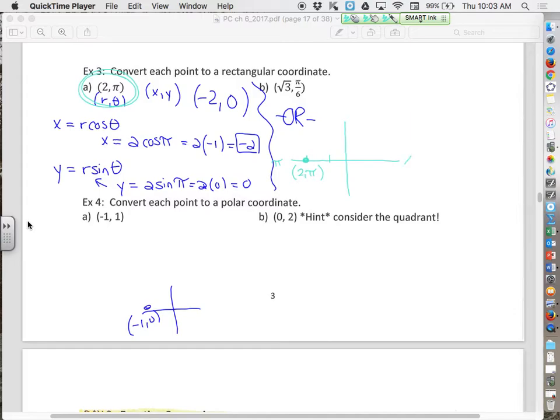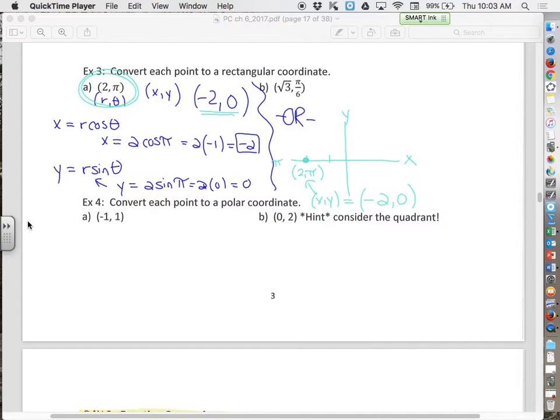Well, if I think of this as my x-axis and my y-axis, the coordinates for this point in rectangular form, that x value would be -2 since it's back behind the y-axis, and up or down, it's not up or down, it's right on the x-axis, so my y-coordinate would be 0, just the same point that we got right here. I find it easier just to plot the point in each form and just convert from one to the other. But you can use the formulas if you are a formula kind of person there.